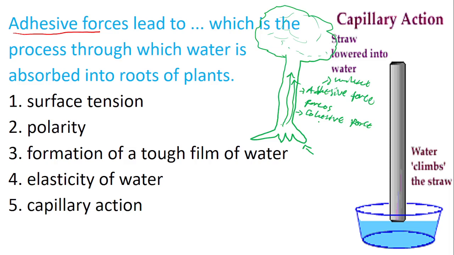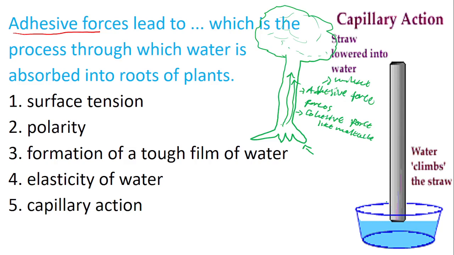And then the adhesive force will be between water and the walls of the tree or the walls of the capillary. Like in this case, if this straw was put in this dish, you can observe the water will start climbing.